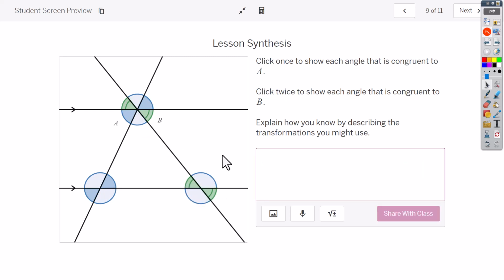We're asked to explain how we know by describing the transformations I might use. Well, for the vertical angles, I can rotate the original angle. For angles that match up in the same spot on the other parallel line, those are translations.